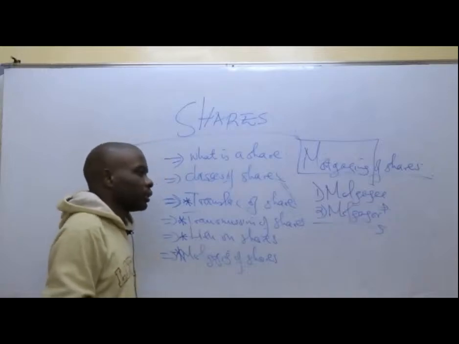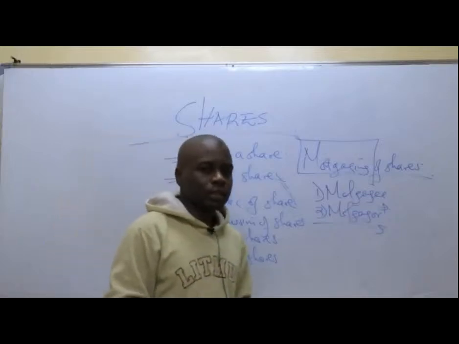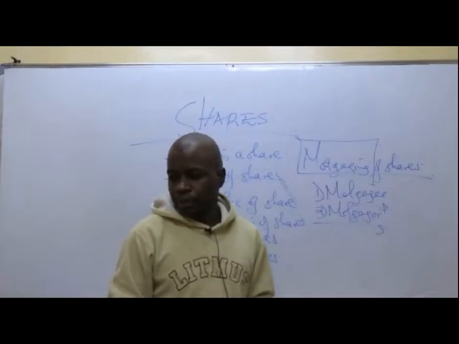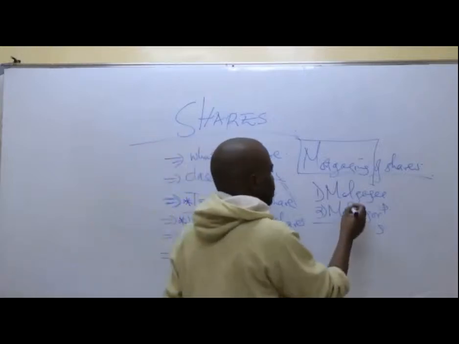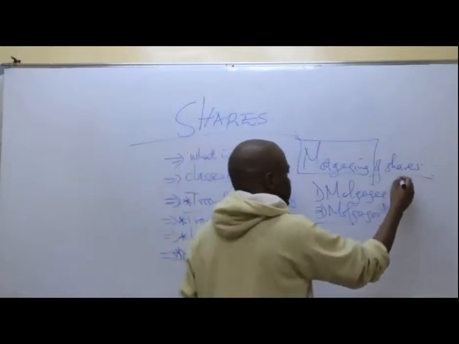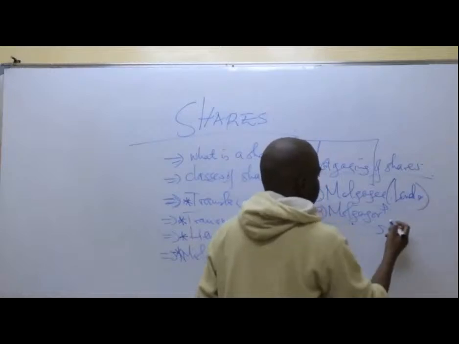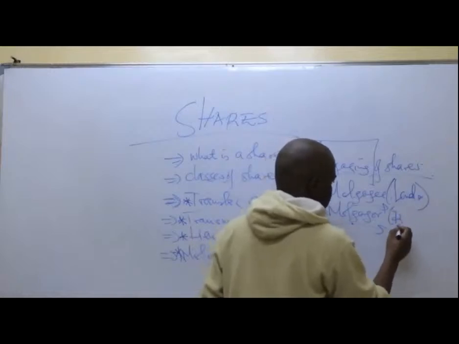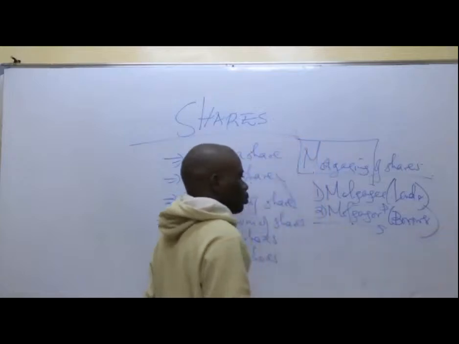Under mortgaging of shares, there are two parties. The mortgagee is the lender in this case, and the mortgager is the borrower.